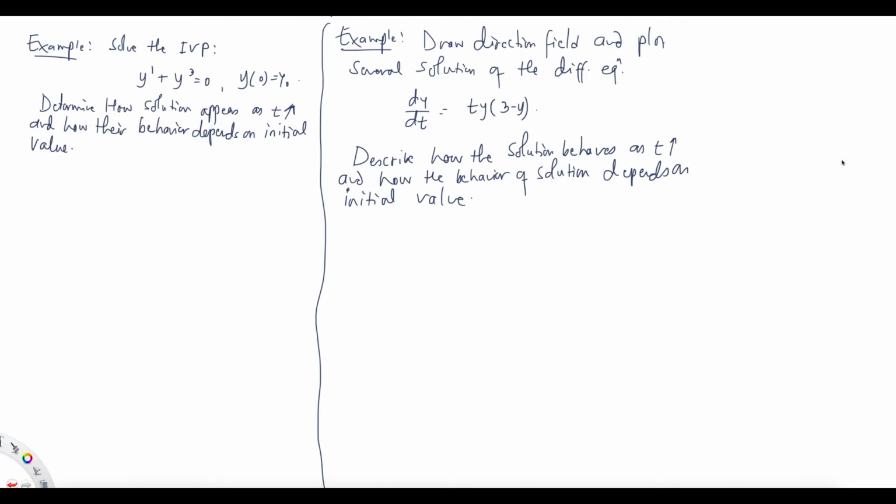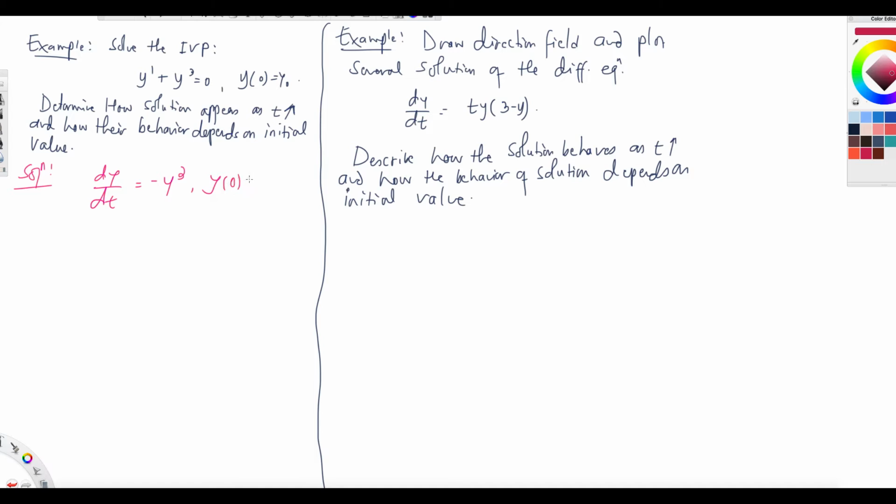You have dy over dt equals negative y cubed, and y at 0 is y sub 0. The very first thing that I want to mention on these problems is, look at this. The right hand side we denote by f.